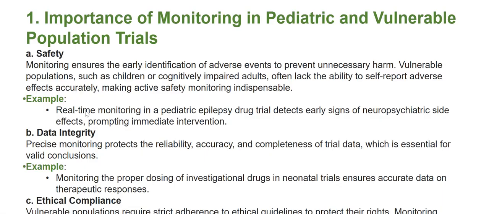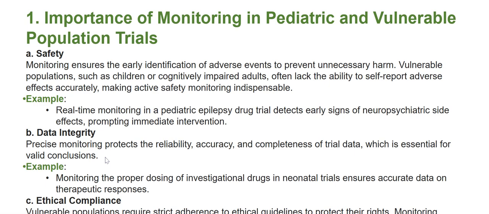As an example, real-time monitoring in a pediatric epilepsy drug trial detects early signs of neuropsychiatric side effects, prompting immediate intervention. And this is just an example for safety in such vulnerable populations. Data integrity. Precise monitoring protects the reliability, accuracy, and completeness of trial data, which is essential for valid conclusions.